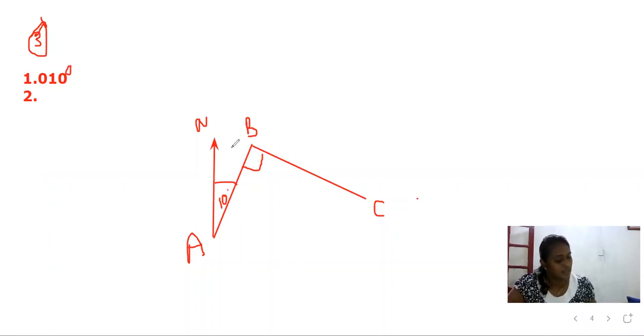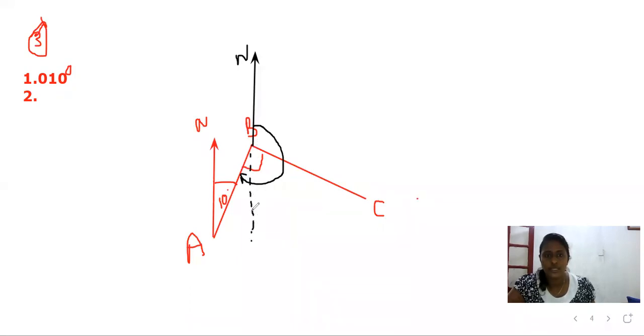Now you are asked to determine the bearing of A from B. Once you are asked from B, you have to understand that for B you arrange a direction of north. The bearing of A from B goes from north up to here. To find it, you can have a dotted line this way.